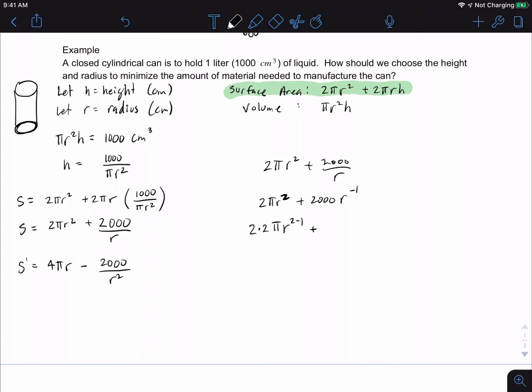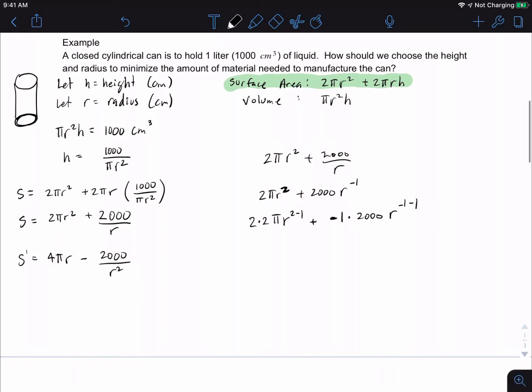And over here, that negative 1 is going to come down, so negative 1 times 2,000 r to the negative 1 minus 1, right? That's the power rule. What that gives me is 4 pi r minus 2,000 r to the negative 2, which becomes 4 pi r minus 2,000 over r squared. Does that help? Okay, so those are all the steps.